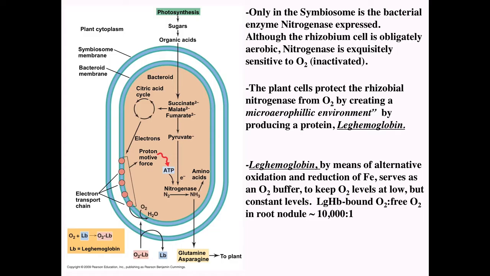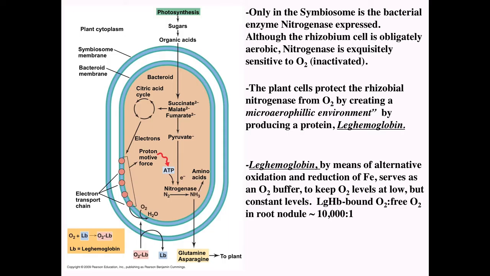But here's the conundrum, because the bacterium itself is obligately aerobic. It cannot exist fermentatively. It cannot use any other terminal electron acceptor other than oxygen. And you obviously know that the plant needs oxygen. They're obviously aerobic. So these two things don't seem to fit together.